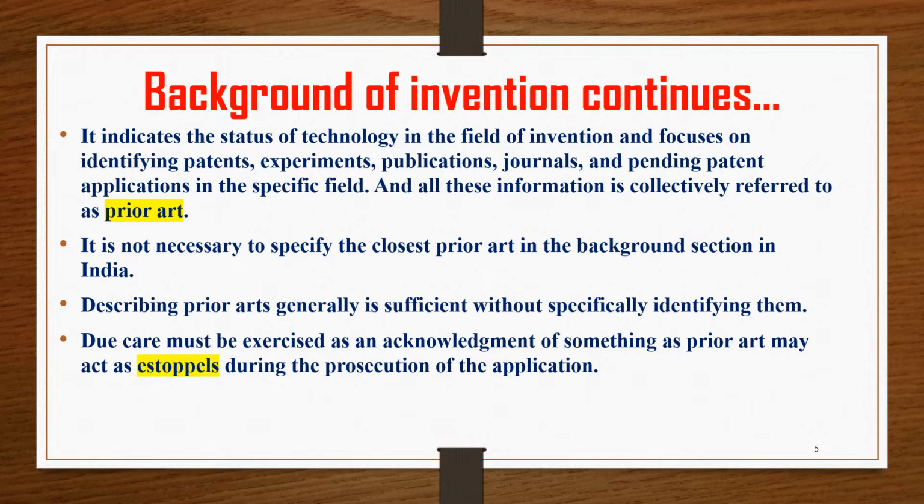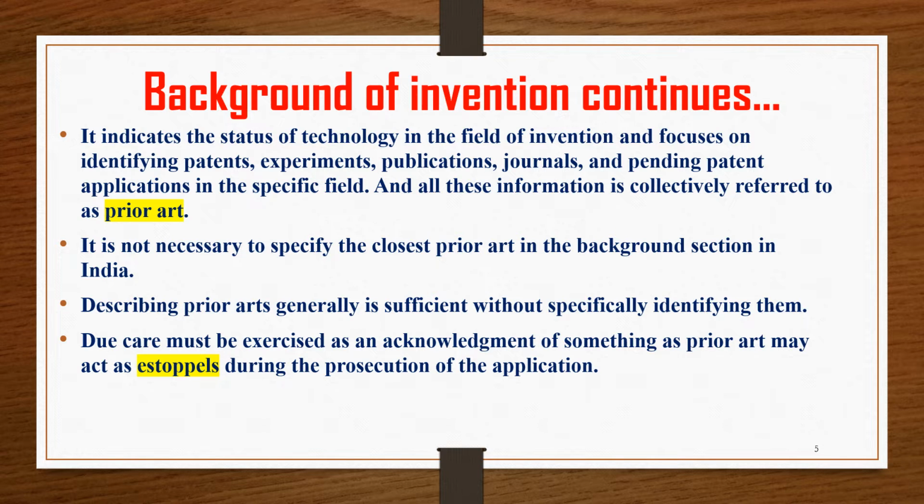Now, background of invention continues. It indicates the status of technology in the field of invention and focuses on identifying patents, experiments, publications, journals, and pending patent applications in the specific field. And all this information is collectively referred to as prior art. That means prior art is defined here very clearly.